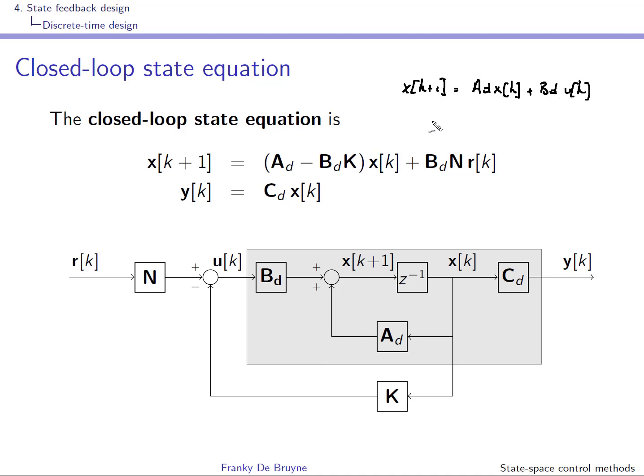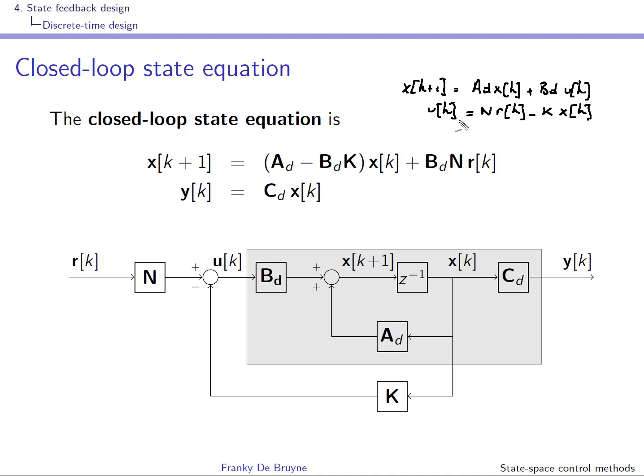We'll implement a law that is exactly the same as previously. It is again a static control law. So u of k is N r of k minus K times the state x of k. R is the reference or set point, as you like.